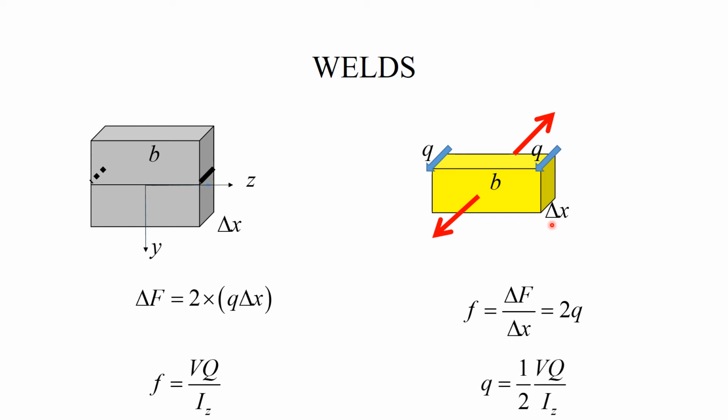And now we can combine this equation and this equation to calculate that the shear flow in the welds is equal to 1/2 VQ over Iz. The 1/2 is, of course, present because I have two welds. And it also tells us that the way the strengths of welds are classified is by recording the shear flow they need to support rather than the force or the stress.